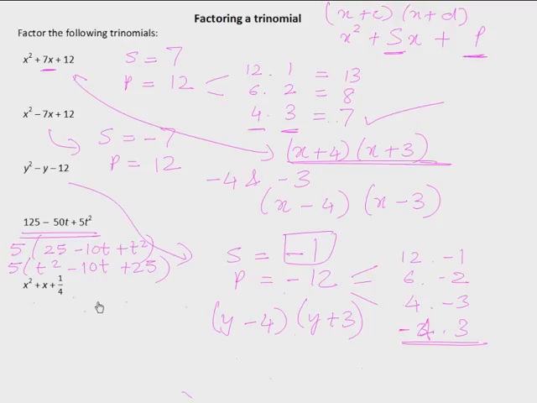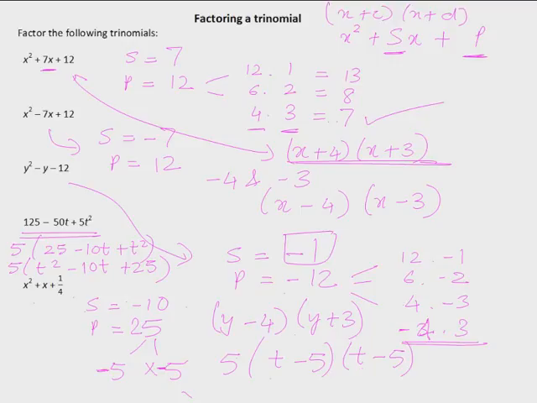So sum is minus 10, product is 25. Product of 25 is 5 into 5. But I want a sum of minus 10, so minus 5 into minus 5 gives me a sum of minus 10. So this factors as, there's a 5 outside, t minus 5 into t minus 5.